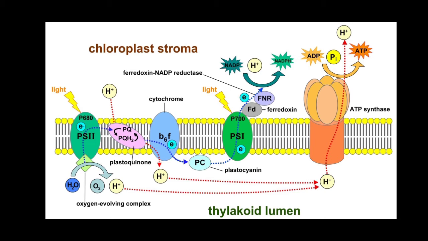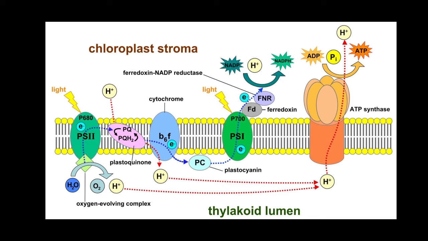At 680 nm wavelength of light, which is in the reddish zone, orange to red color, that is the wavelength the photosystem, that is, chlorophyll A, is able to accept, and it will use that light energy to release an electron.